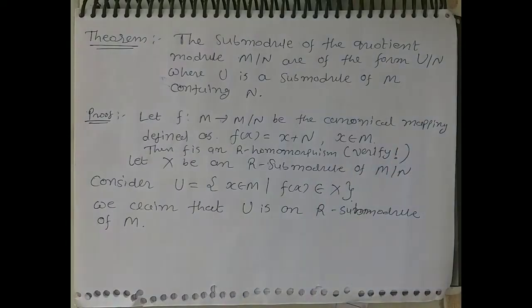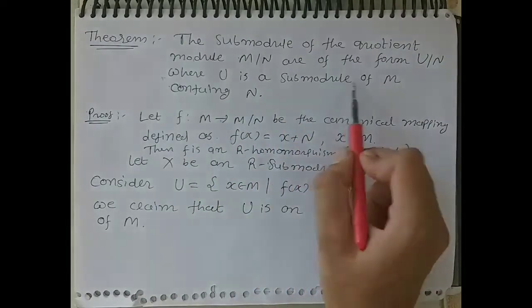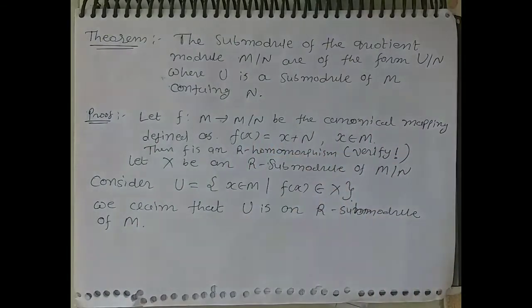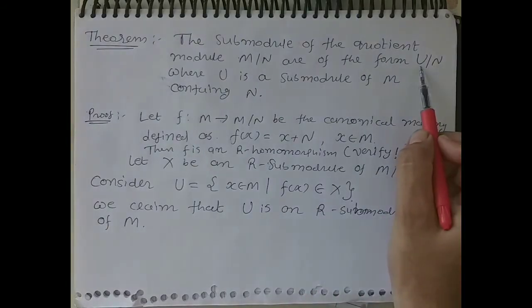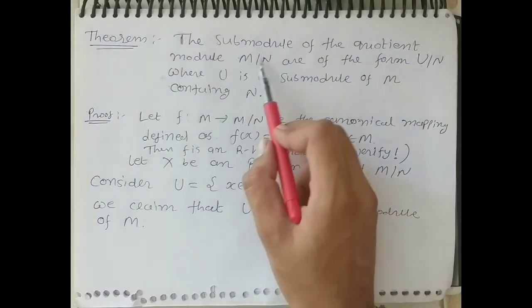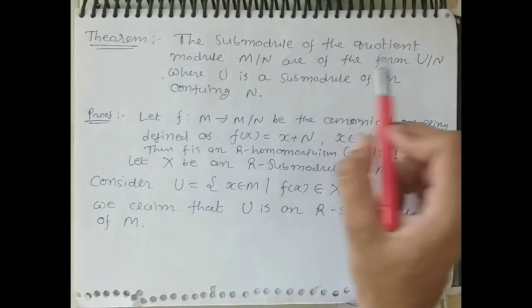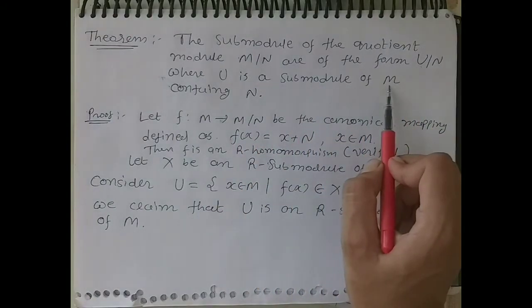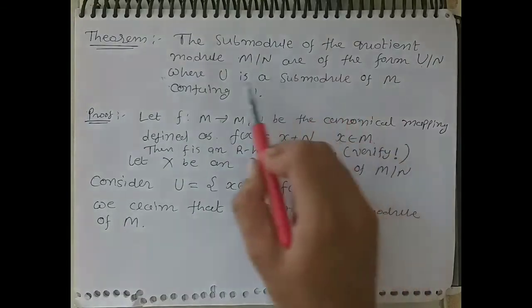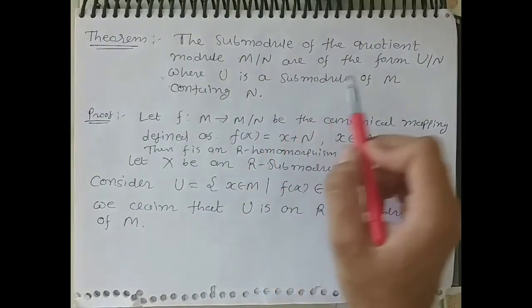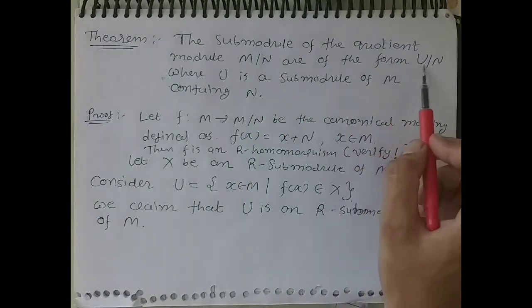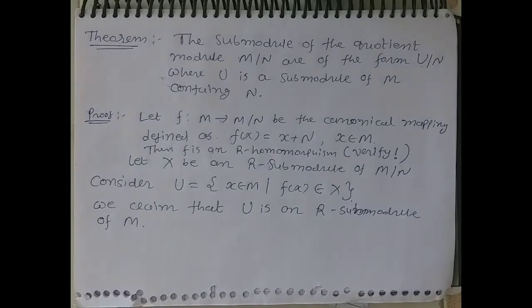U quotient N જેવું હશે, where U is submodule of M, એટલે કે U છે M નું સબમોડ્યુલ હશે અને N ને કન્ટેન કરતું હશે. ઓકે, તો કઈ રીતે આપણે પ્રૂફ જનરેટ કરશું? પહેલા તો U બનાવશું, કોઈ એક આપણે M quotient N નો સબમોડ્યુલ કન્સિડર કરશું, પછી U જનરેટ કરશું, પછી બતાડશું U is submodule of M. ઓકે, અને પછી બતાડશું U છે એ N ને કન્ટેન કરે છે અને જે સબમોડ્યુલ કન્સિડર કરેલો હશે M quotient N નો એનું ફોર્મ U quotient N જેવું હશે. એટલું આપણે બતાડી દઈએ એટલે આપણું પ્રૂફ કમ્પ્લીટ.